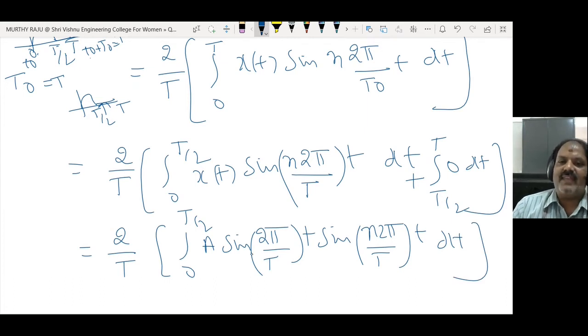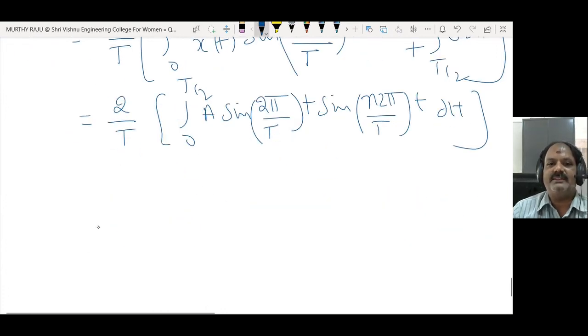We know that x of t is A sine 2 pi by T into t. This is the waveform. Over an integral, the sine term is 0. Therefore, Bn is 0.